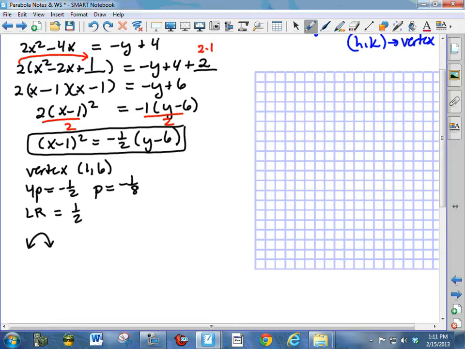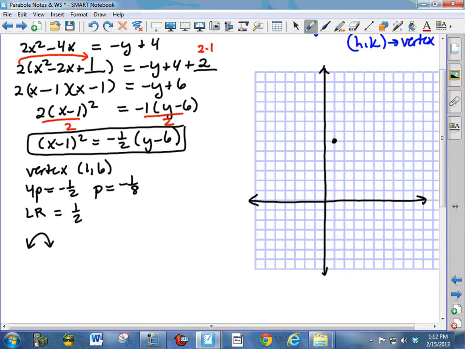So let me start with plotting the vertex. Since the vertex is kind of farther up, I'll scoot that over just a wee bit and put my x-axis a little bit down towards the bottom here. So my point (1, 6) is the vertex. 4, 5, 6, there's the vertex.